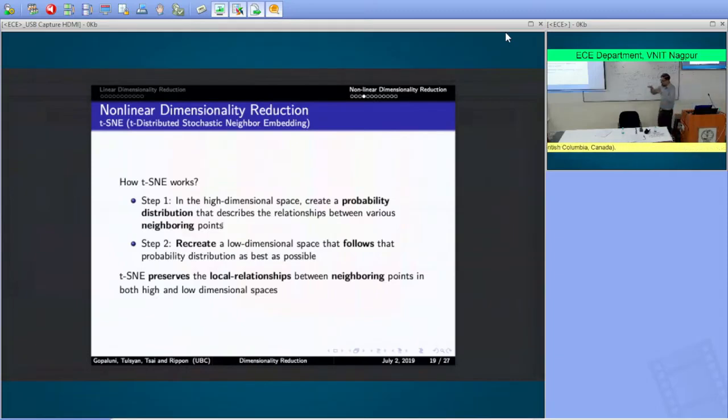It defines the distribution of points in various neighborhoods, and it tries to create a lower dimensional space that follows more or less the same distribution. So for instance, if you have a Gaussian distribution in the higher dimensions, it'll try to create a lower dimensional Gaussian distribution.